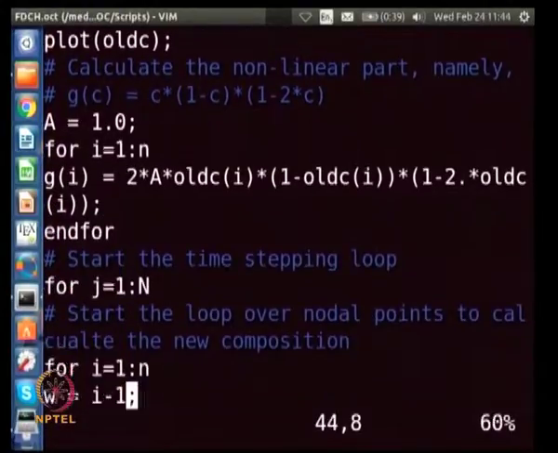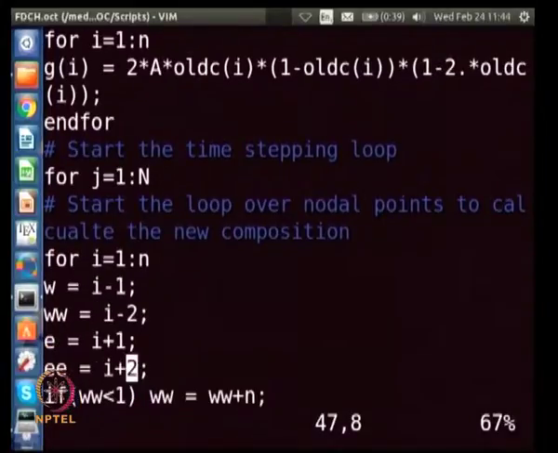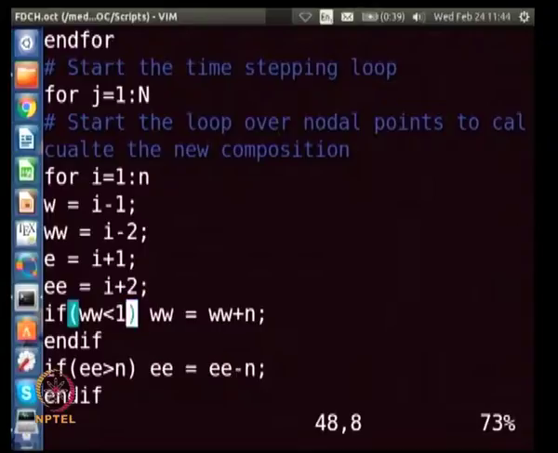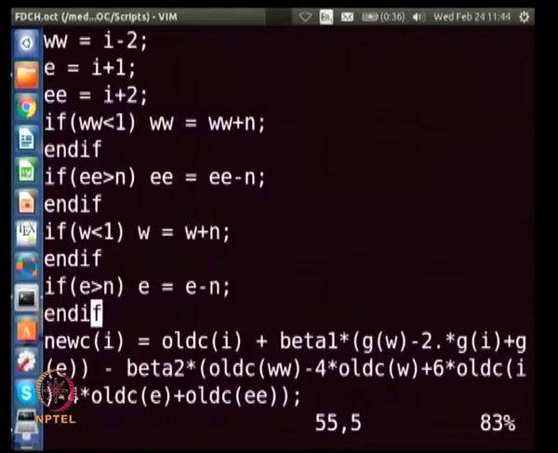We now start the time stepping. We again go: W is i minus 1, WW is i minus 2, E is i plus 1, EE is i plus 2. If W becomes less than 1, you make it plus n, and similarly if E becomes greater than n, you make it E minus n, and for WW also.